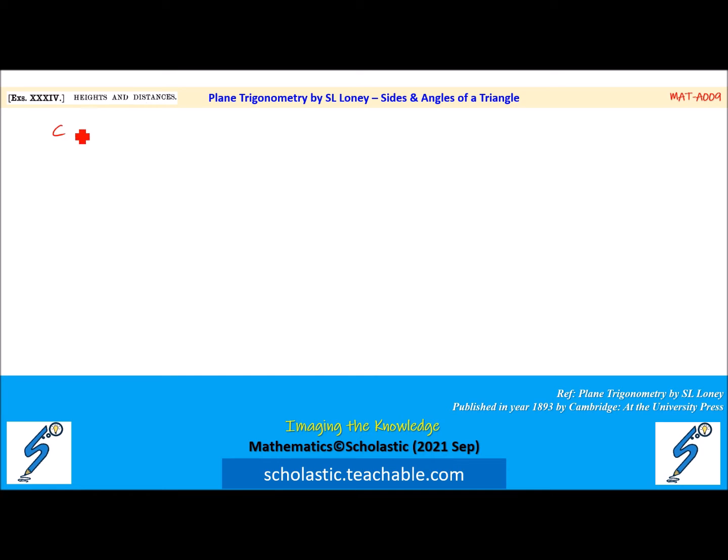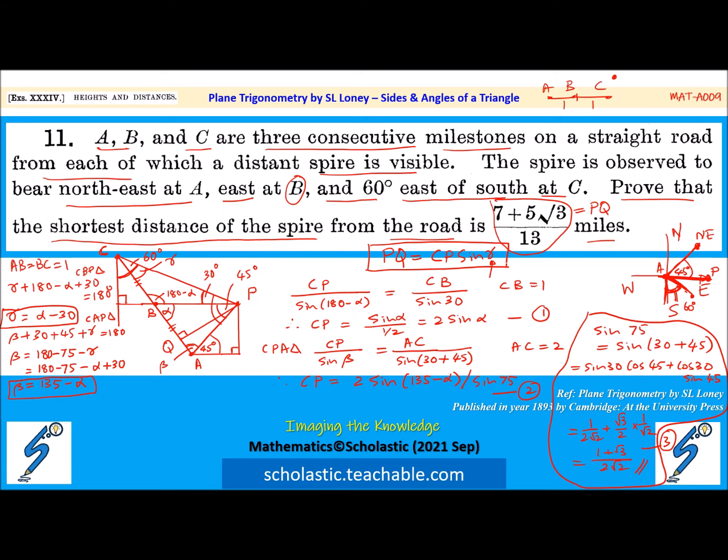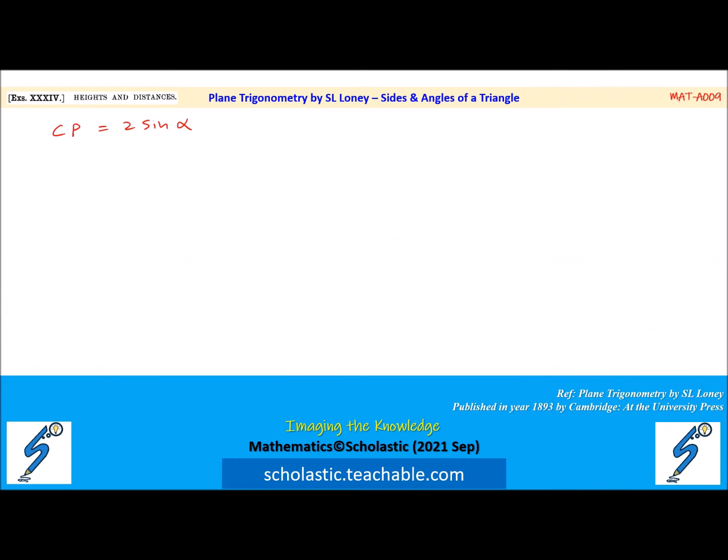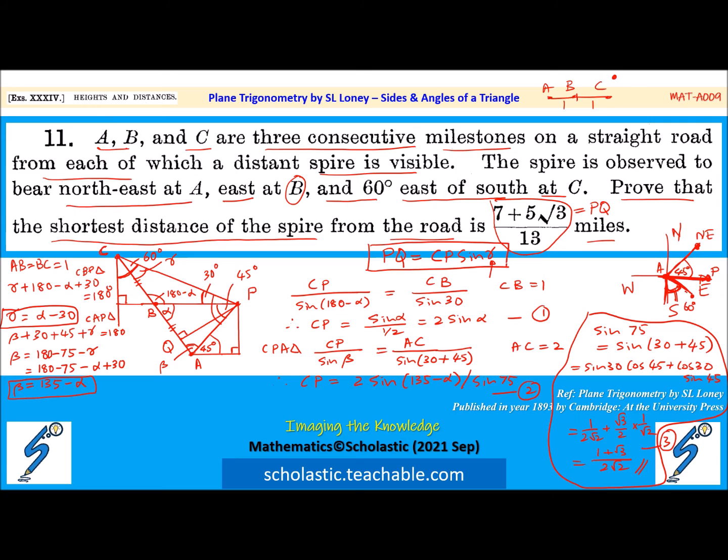The other one we got was CP equal to 2 sine of 135 minus alpha over sine 75, and sine 75 is equal to 1 plus root 3 over 2 root 2.